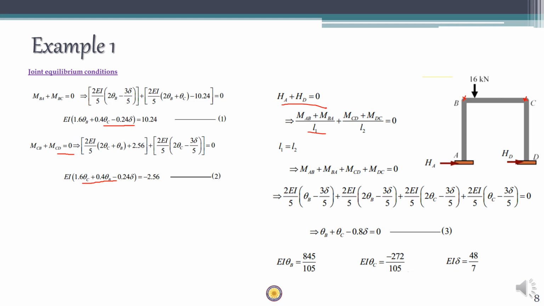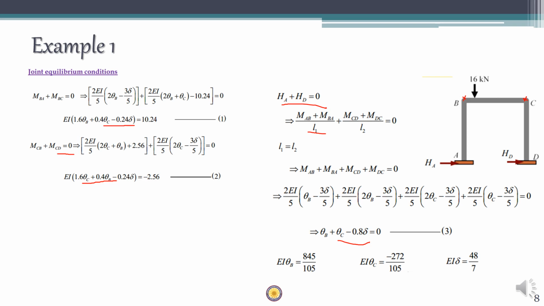So the L1 and L2 are same, so you can write MAB plus MBA plus MCD plus MDC equal to 0. Substituting them from slope deflection equations, you get another equation in terms of theta B, theta C, and delta. Okay, so we have 3 simultaneous equations. So you can solve to find out the 3 unknowns, theta B, theta C, and delta.